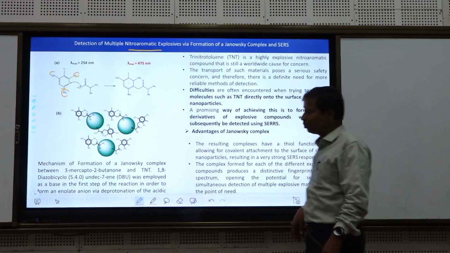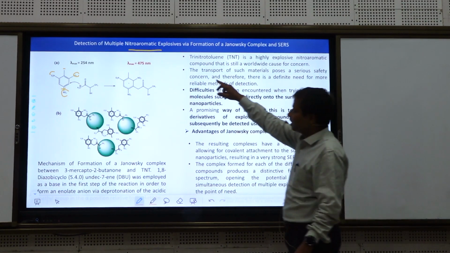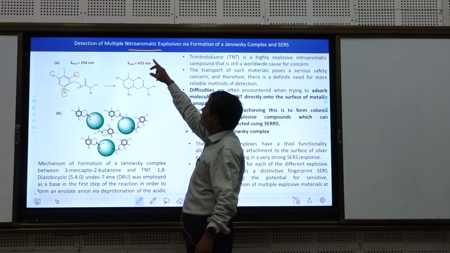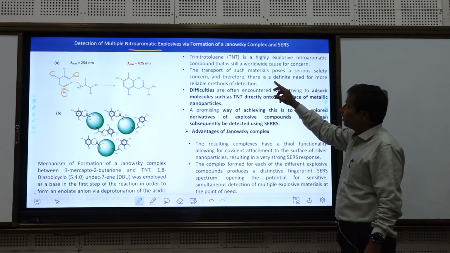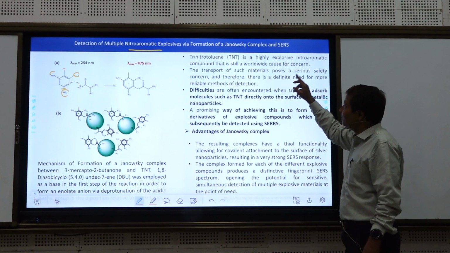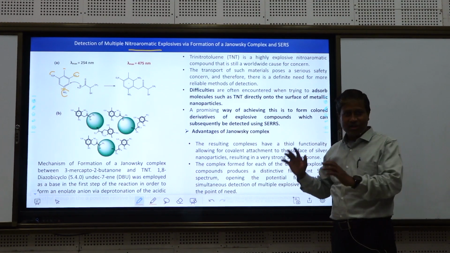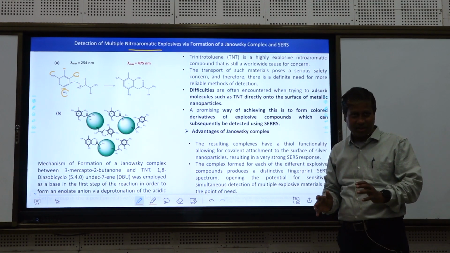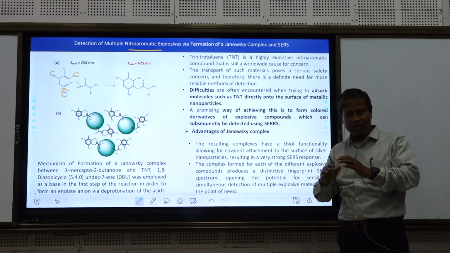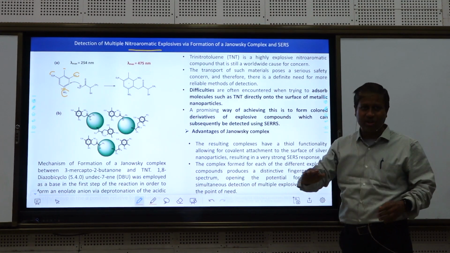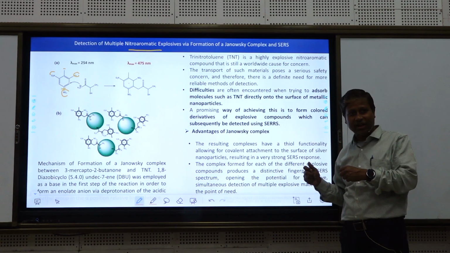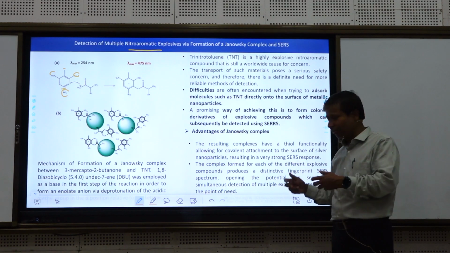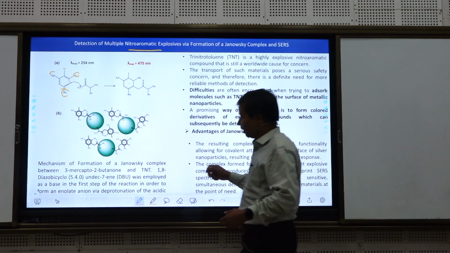So this is TNT, which is explosive. So this is under nitroaromatics. So there are multiple nitroaromatic explosives detected via the formation of a Janovsky complex. Means you make a complex first, and you make a layer of that complex on the surface, and then you record the surface enhanced resonance Raman spectroscopy, SERS.